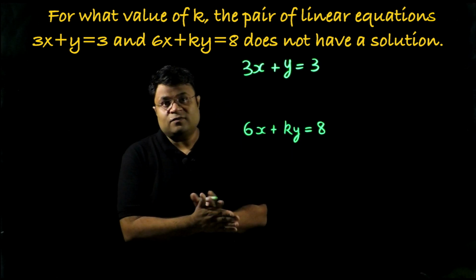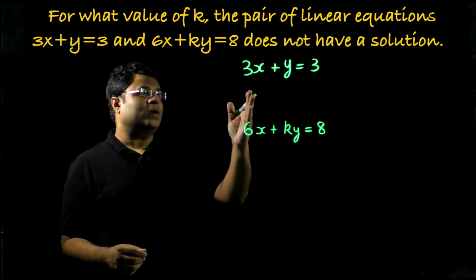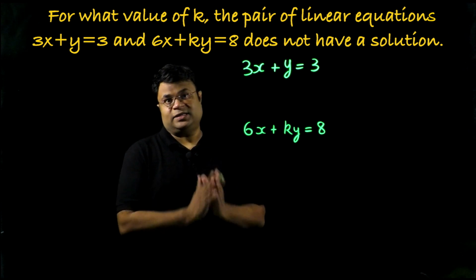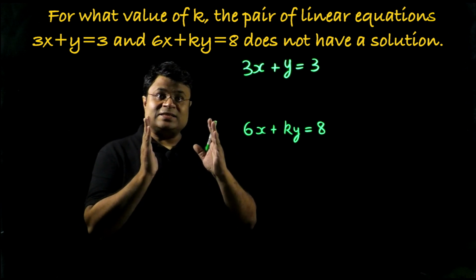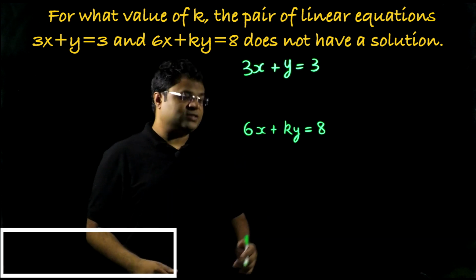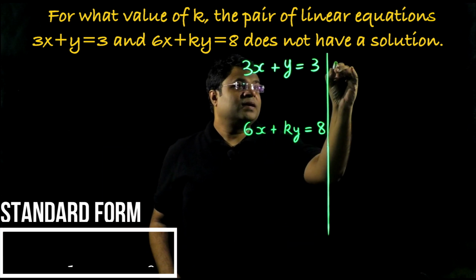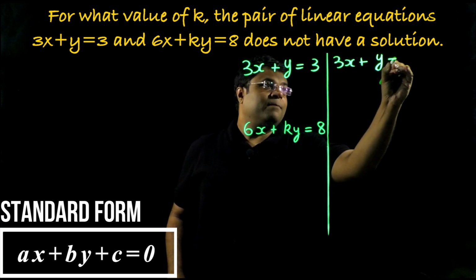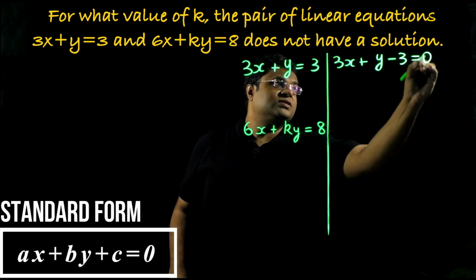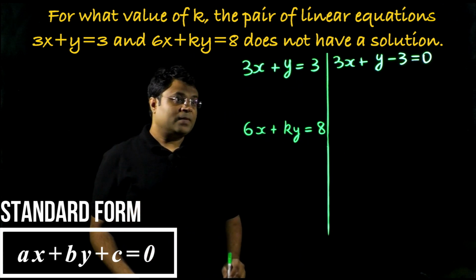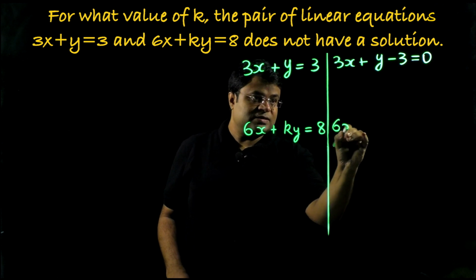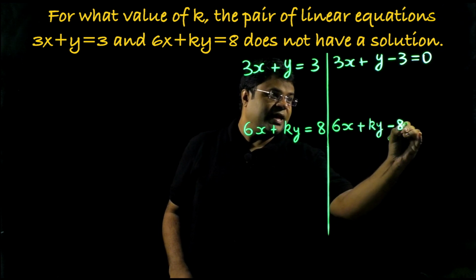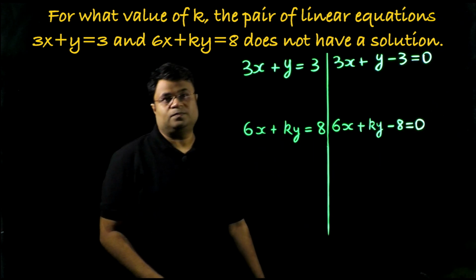Alright, so here you have two linear equations, 3x plus y equals 3 and 6x plus ky equals 8. Now let us write these in standard form. Everyone carefully see. The standard form is 3x plus y minus 3 equals 0, and this one will be 6x plus ky minus 8 equals 0.